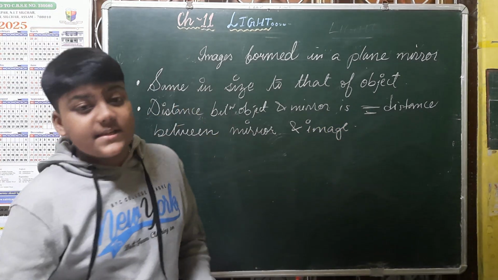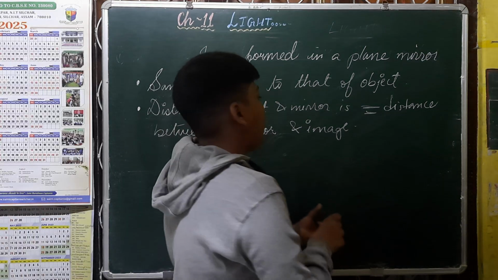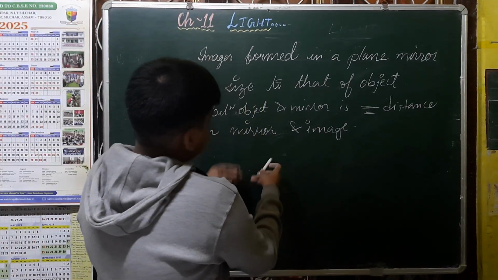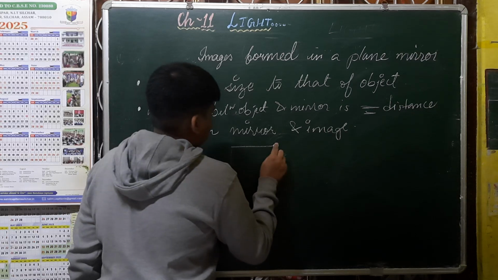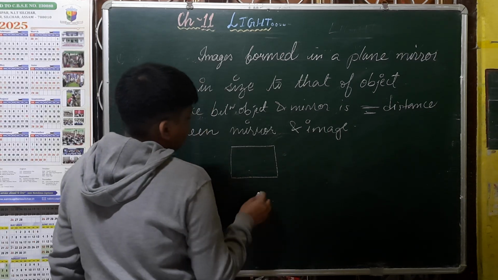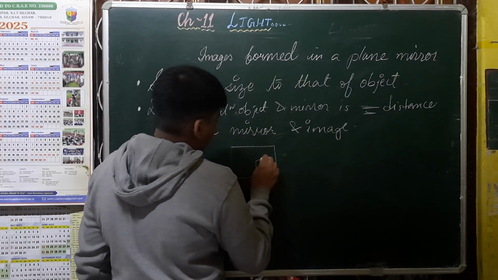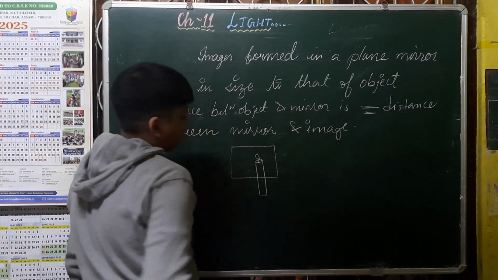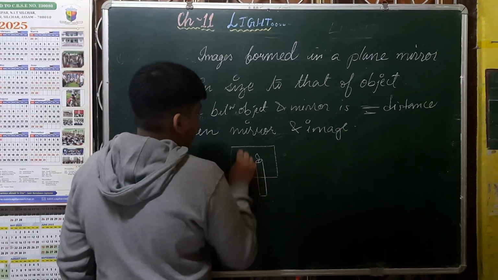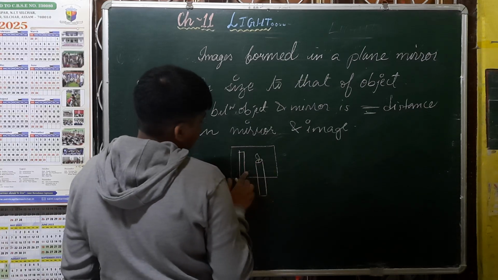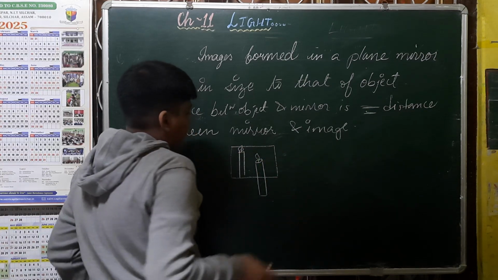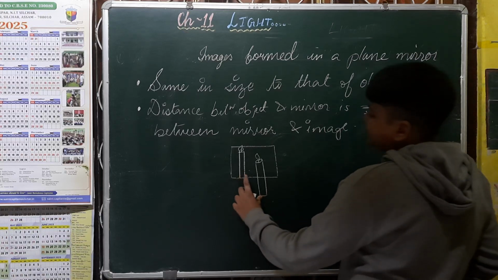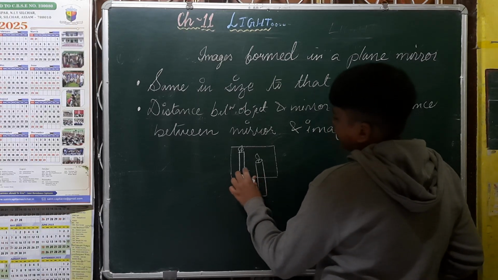So if this is the mirror and this is the object, the image formed will also be at the same distance from the mirror as the object.